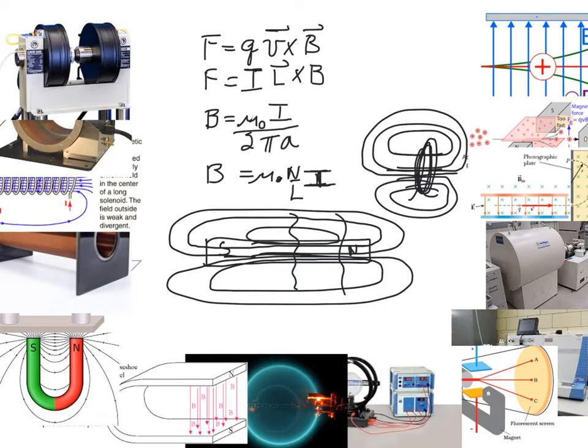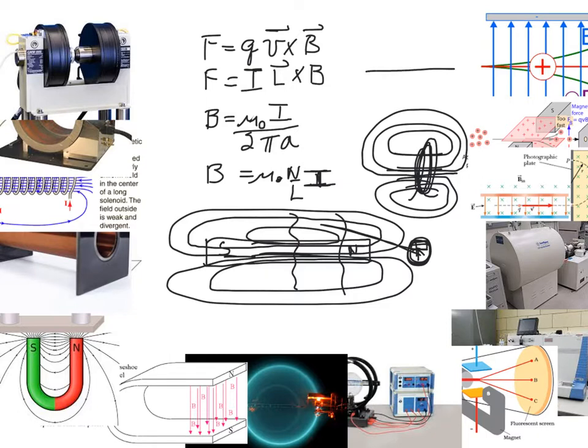And all of this arises from the observation or the knowledge that an electric charge that's static in a magnetic field is not affected by the magnetic field. It's only if the charge is moving, because a moving charge has its own magnetic field.